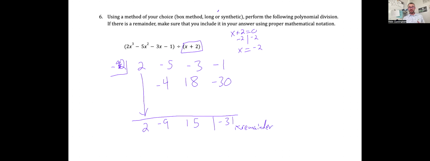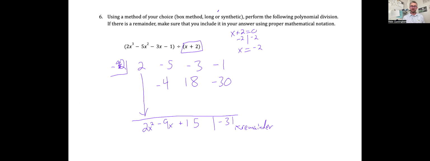We're dividing by a single linear polynomial into a third degree. So our answer is essentially saying this is 2x squared, -9x, and then a positive 15, the remainder of -31.